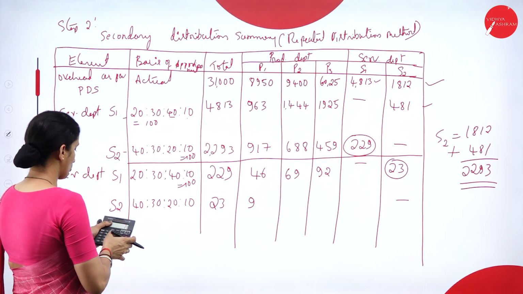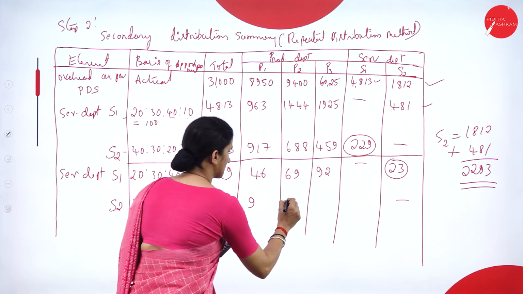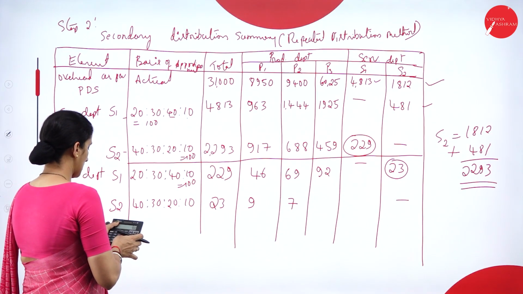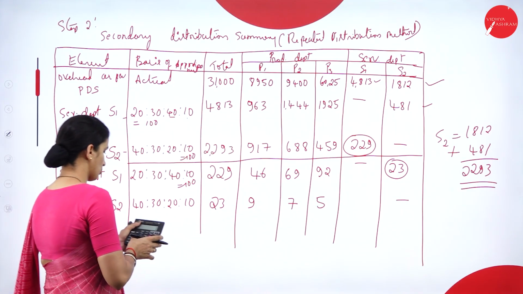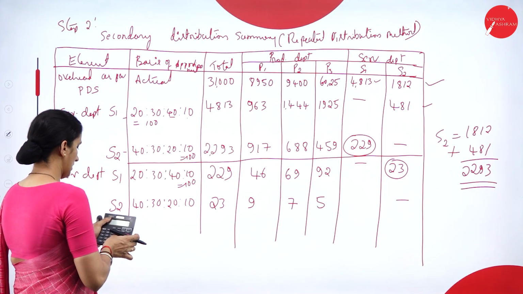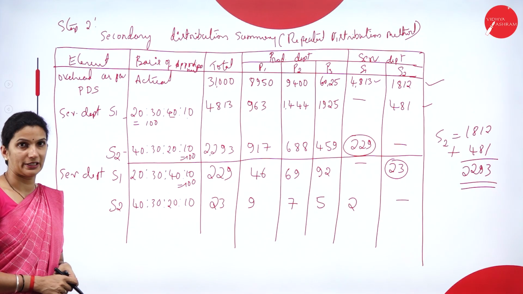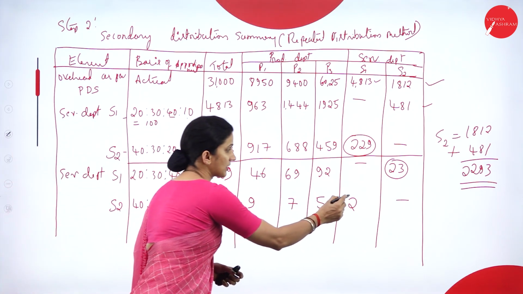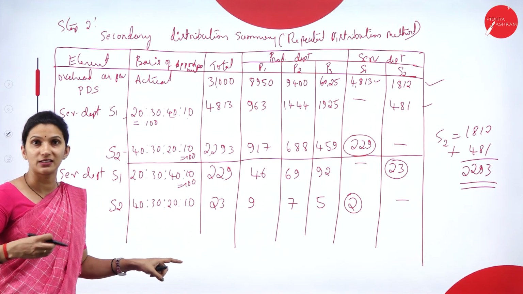Then 23 into 30 divided by 100 is 7. Then 23 into 20 divided by 100 is 5. Then 23 into 10 divided by 100 is 2. So this is the one allocation. If we want, again we can go for reallocating this 2 to the other departments, but you will get a negligible figure.